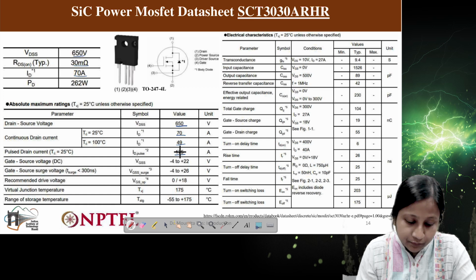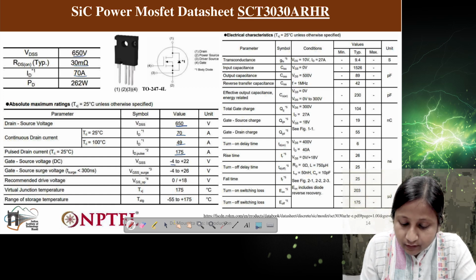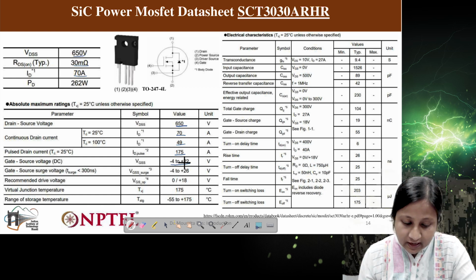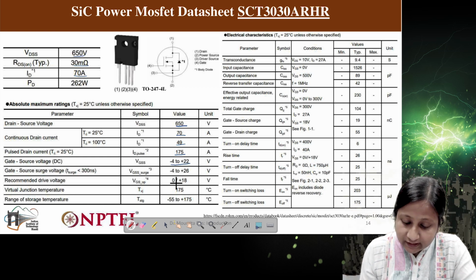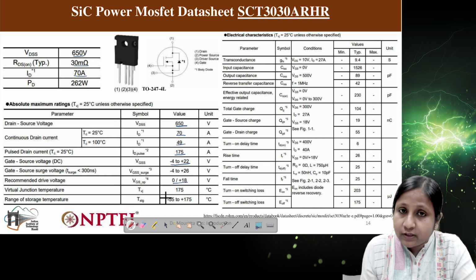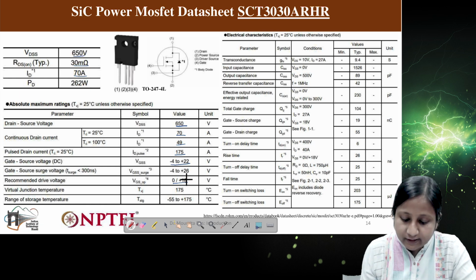That is very high. And gate to source voltage, it is advisable to give -4 to +22 volts, anything in between that. So basically the voltage level generally suggested for this particular device is 0 to +18 volts. Means it can also be given 0 to +15 volts, which is of similar level of silicon device.